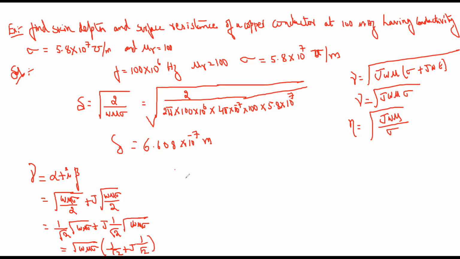angle 45 degrees. So gamma is equal to under root of omega mu sigma, and this value is cos 45 degrees plus j sin 45 degrees, with an angle of 45 degrees.